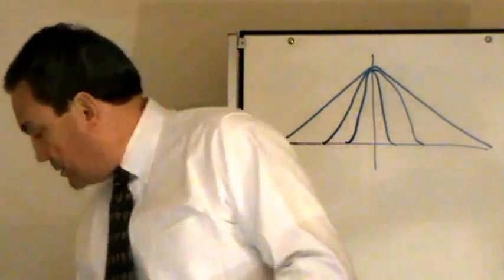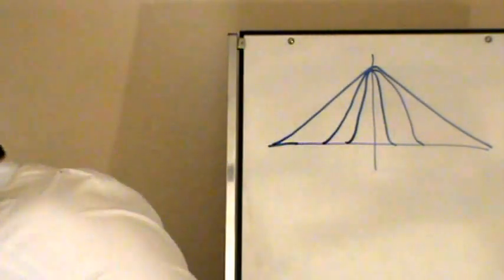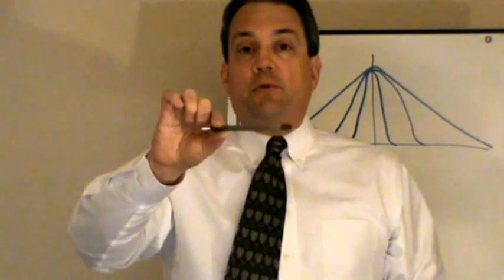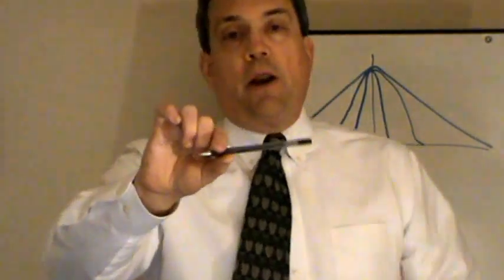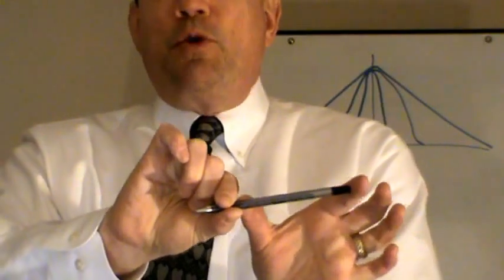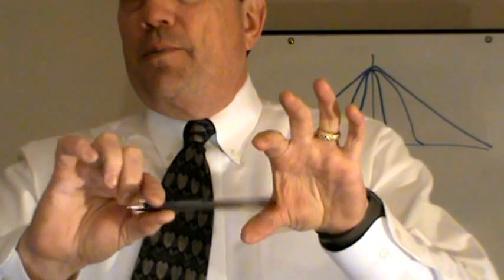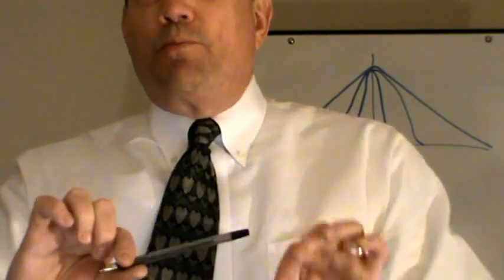Okay? So it's very similar to just taking your pen and flipping it up and down between your fingers. Basically what I've got is that if I have this much time to maturity, then give me a change in interest rates, and I'm going to have a pretty big change in price.